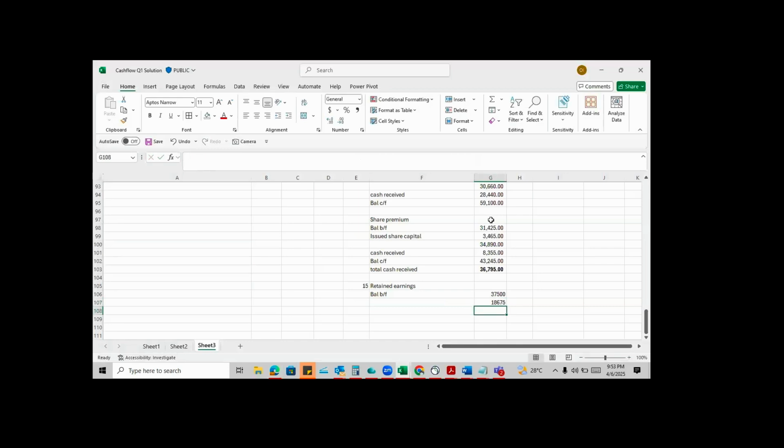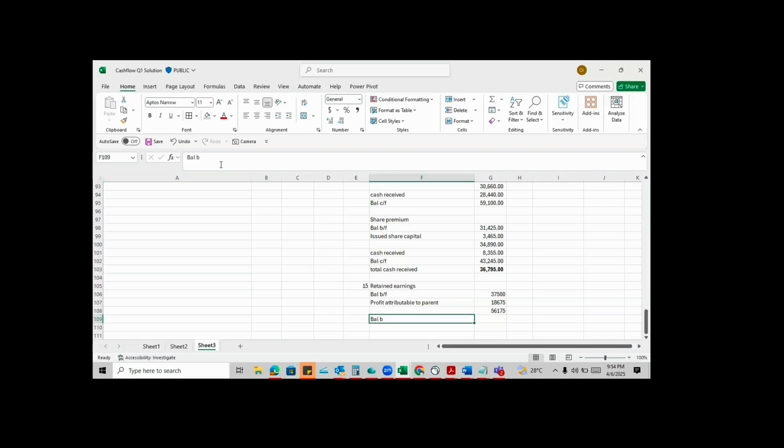18,675. So altogether, their retained earnings should have stood at 56,175. However, the balance that was brought forward, let me quickly put this, profit attributable to parents, right?